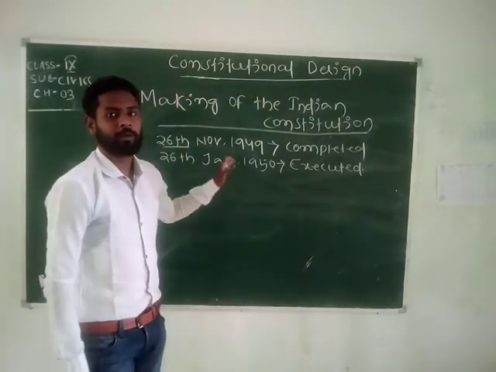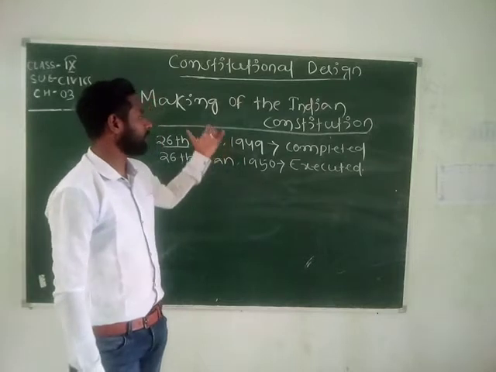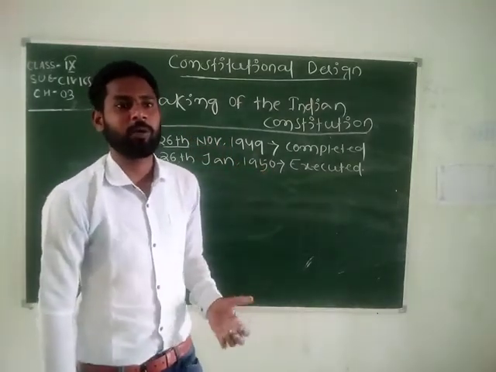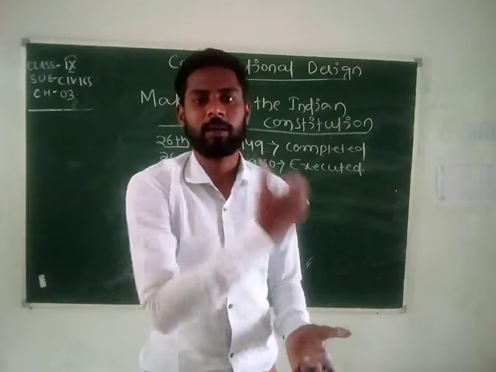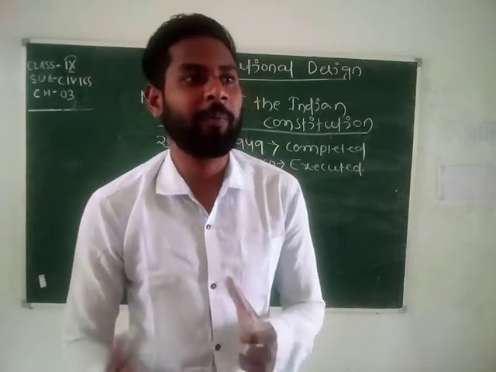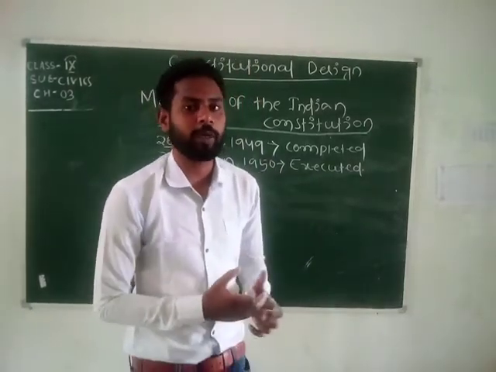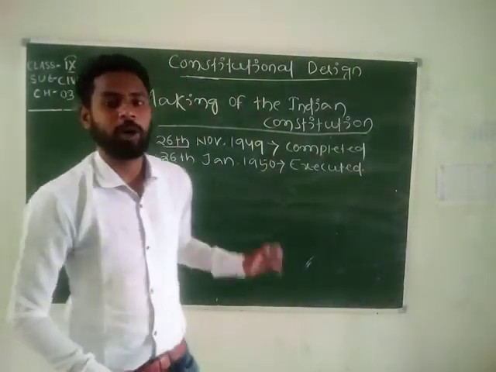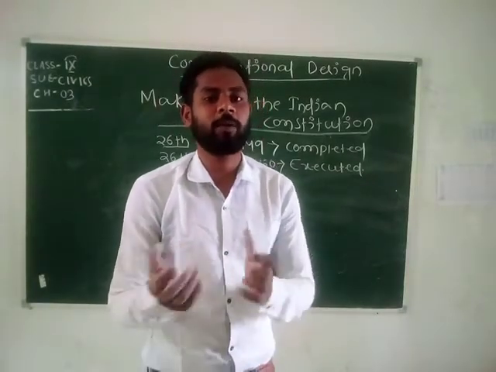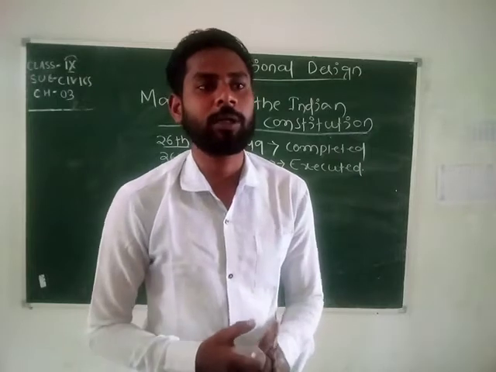We have already discussed the making of the Indian Constitution in our previous classes. There were a lot of problems faced by the Constituent Assembly to form the Indian Constitution. So what type of problems did the Indian Constituent Assembly face?